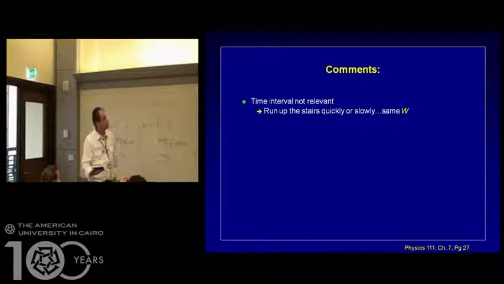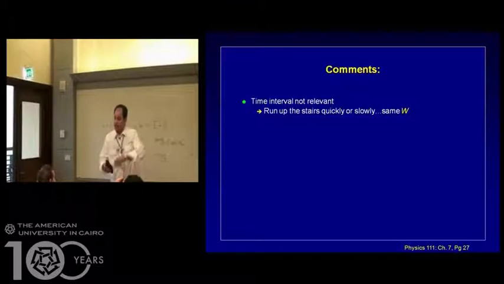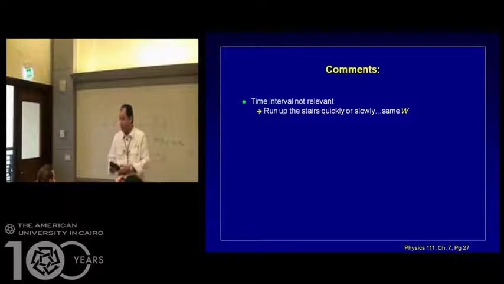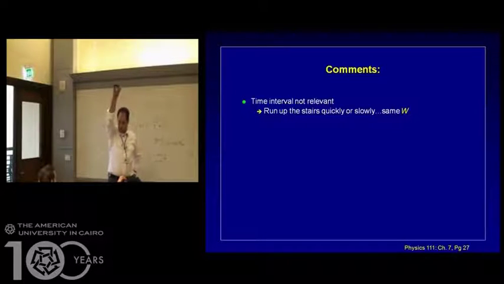Here it's the same work by gravity, not the same work by me. The work you do is equal exactly to the work done by gravity, but of course, you do positive work and gravity does negative work. You raise it up. What is the direction of the force of gravity?